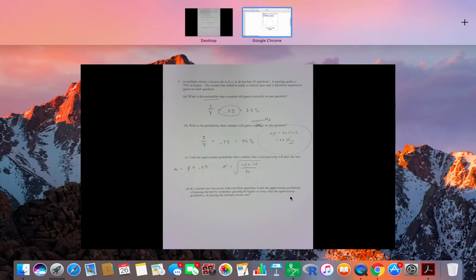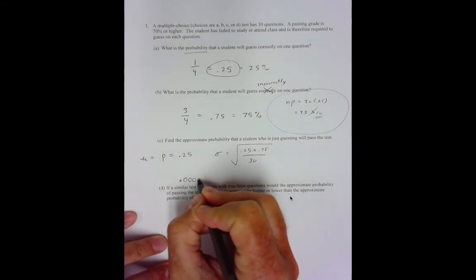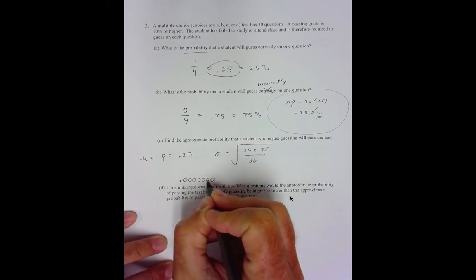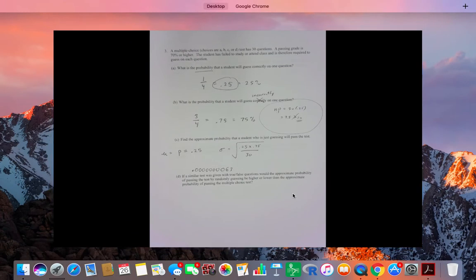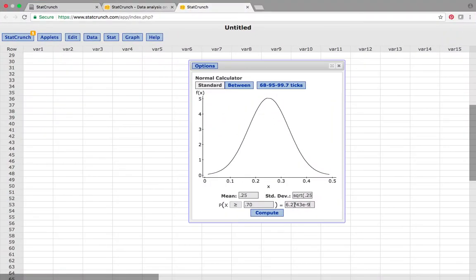So essentially, the answer would be 0. and 8 zeros, then one more. What was it? 6.3, is that right? Yeah, 6.3.